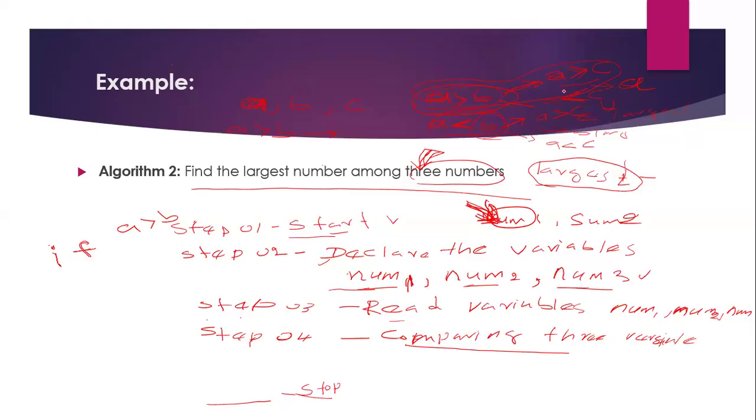If A is greater than B and if A is greater than C, then what is the largest number? A is the largest number.